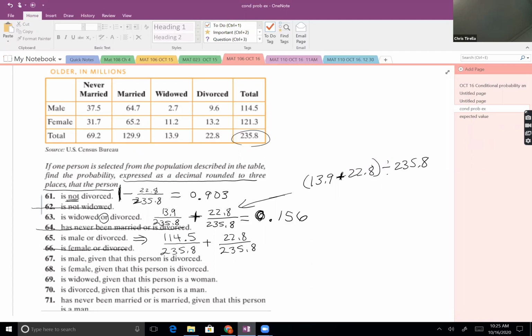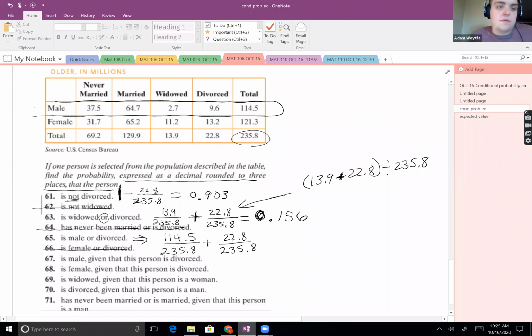Is there anybody that I'm counting twice? When I count males, I'm counting all of these folks. When I'm counting all the divorced, I'm counting all of these folks. And do you see there's that group that I'm counting twice? Those are 9.6. They're inclusive. Remember when we're doing or, we have to always see, is there anybody I'm counting twice?